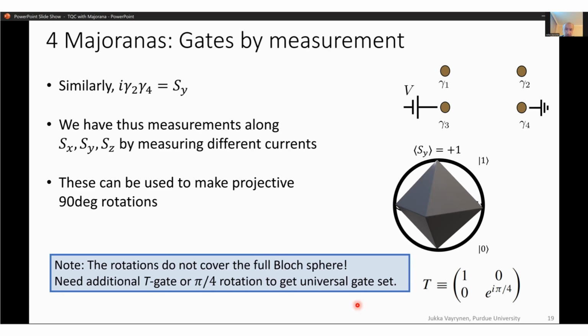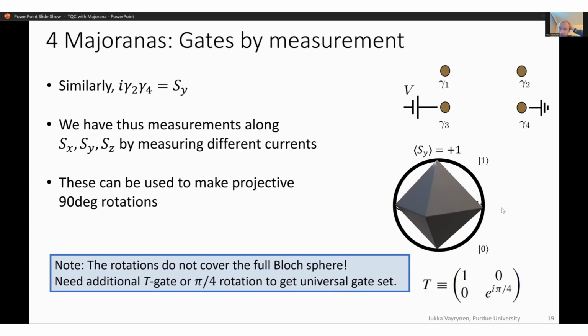However, there's a note here on the bottom that these discrete rotations don't cover the whole Bloch sphere, and this turns out to be a problem. You cannot do universal quantum computation with this. You need, for example, just one additional phase gate, which is this T gate. If you can do this additional T gate, then you can cover the whole Bloch sphere.